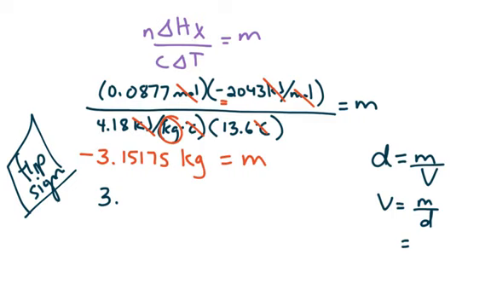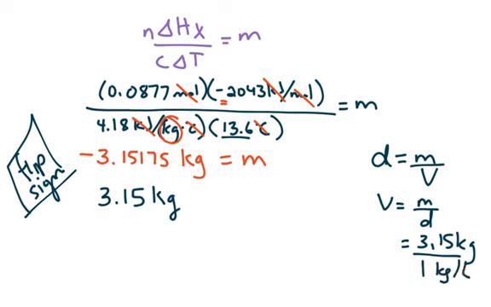Significant digits wise, we're limited to 3 digits, so 1, 5, and then finally we have kilograms. Then we want to convert, so again 3.15 kilograms. The density of water is 1 kilogram per liter, so this is going to be the equivalent of 3.15 liters. That's my final answer. A little bit tricky, lots of stuff going on for that one.